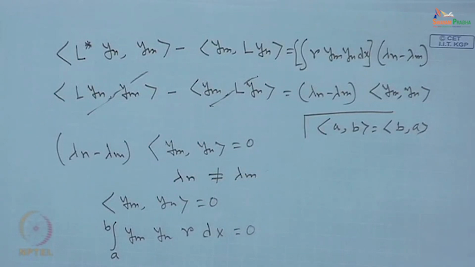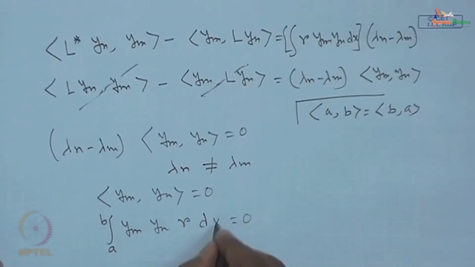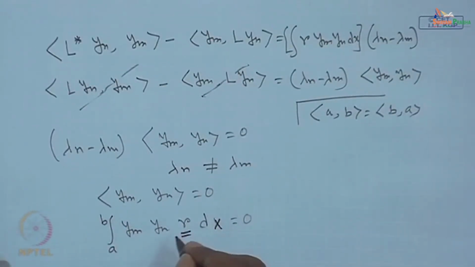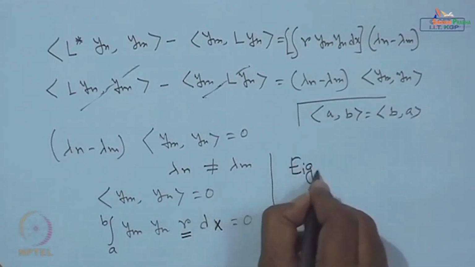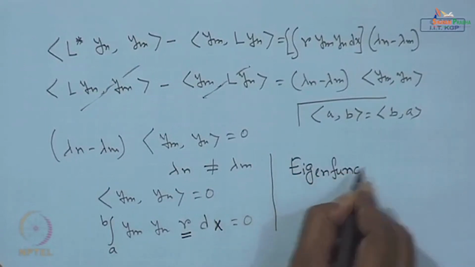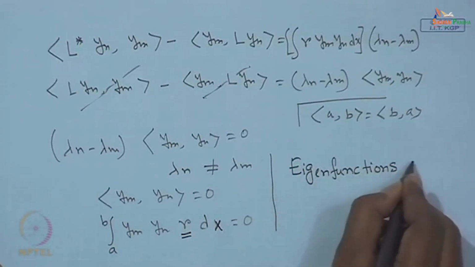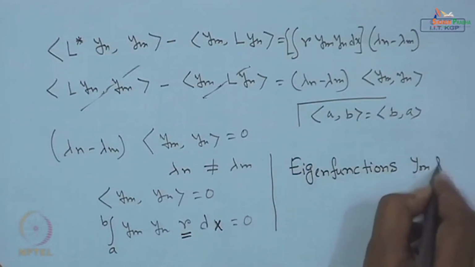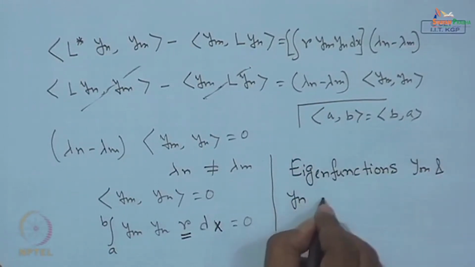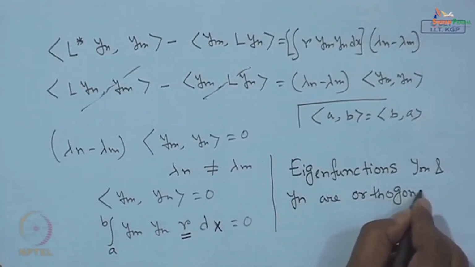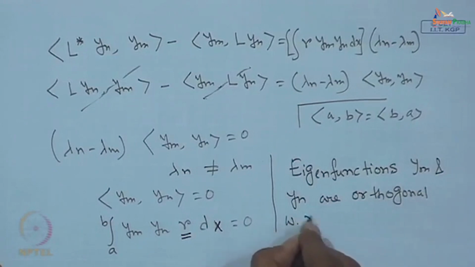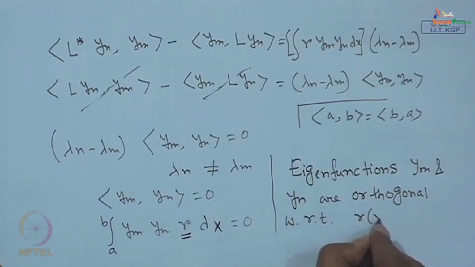Therefore, this proves that the eigenfunctions yn and ym are orthogonal to each other with respect to the weight function r of x.